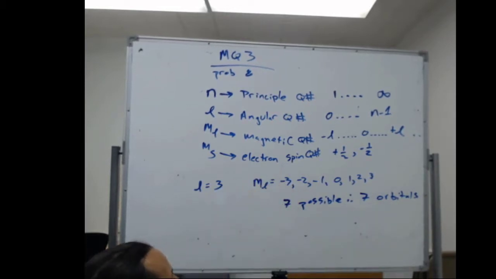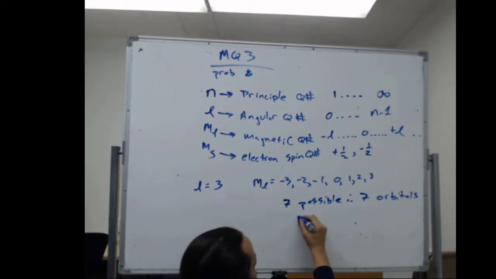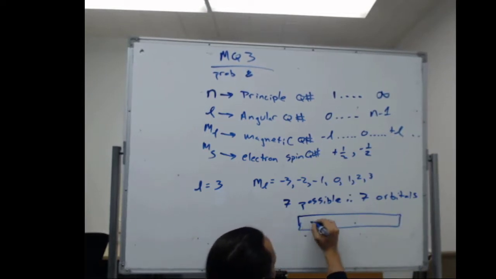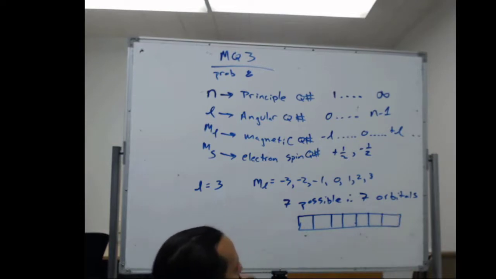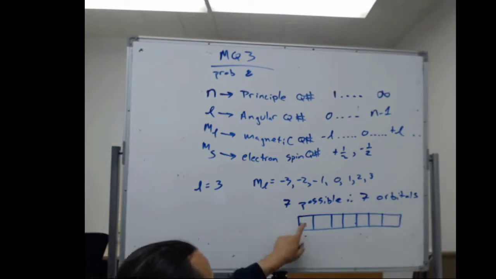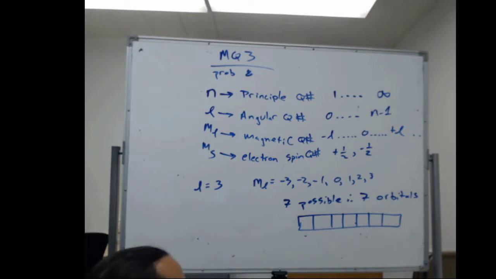That means when L equals 3, I'm going to have 7 different orbitals, which we typically draw as 7 different boxes. 1, 2, 3, 4, 5. Good, I got it. Okay. So this would be 7 orbitals.